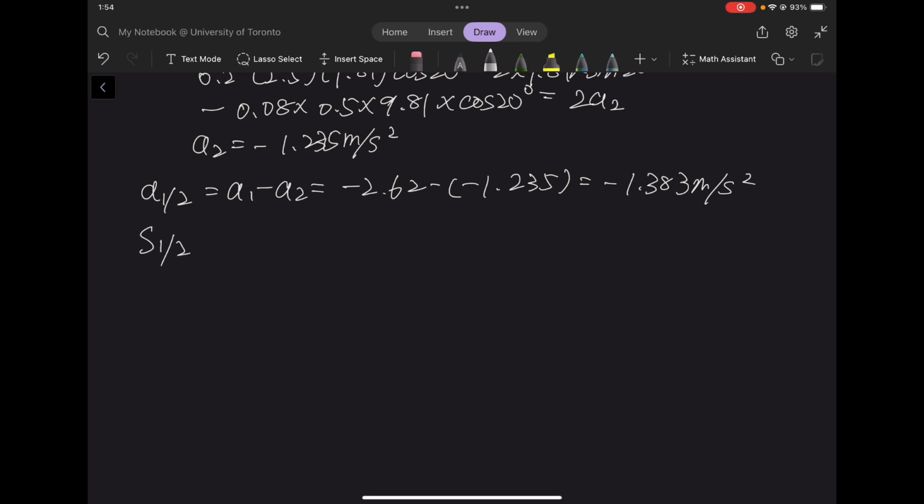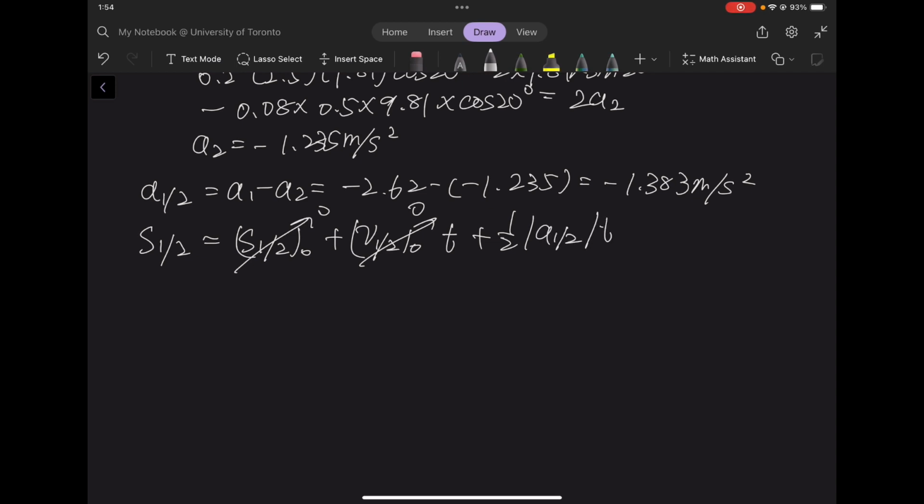S1 relative to 2 is equal to S initial, which is equal to 0, and V initial of 1 relative to 2, which is also equal to 0 because it starts at rest, plus 1 over 2 A1 relative to 2 times t square. So we have 0.4 is equal to 1.383 over 2 times t square. So we have t is equal to 0.761 second.